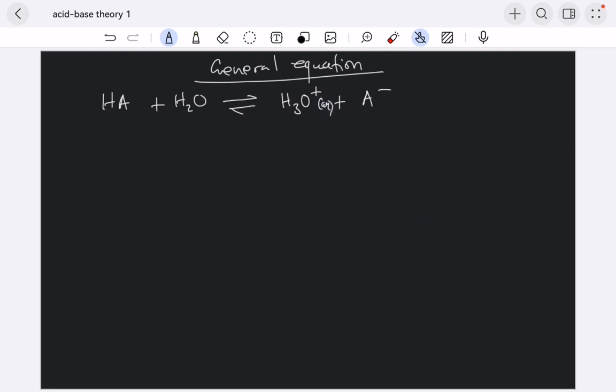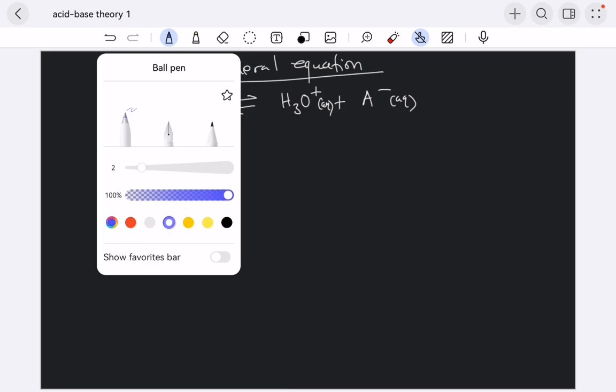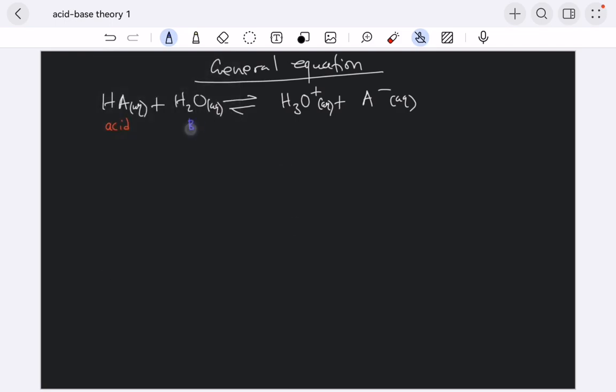All these are aqueous. So here we are saying this is an acid, then this is a base.